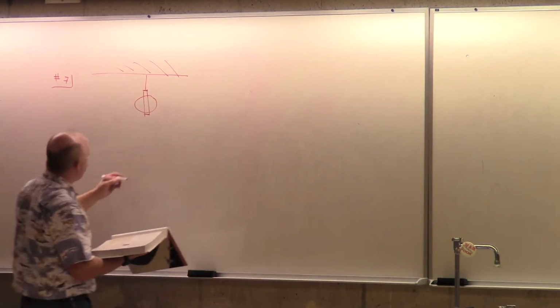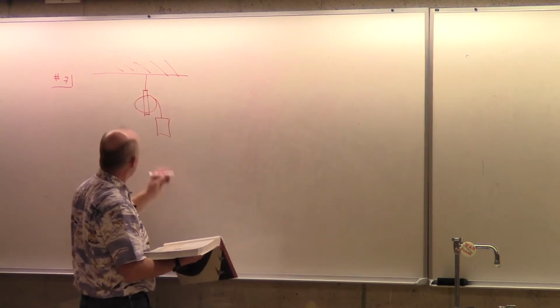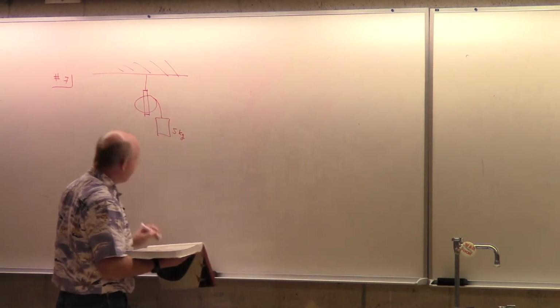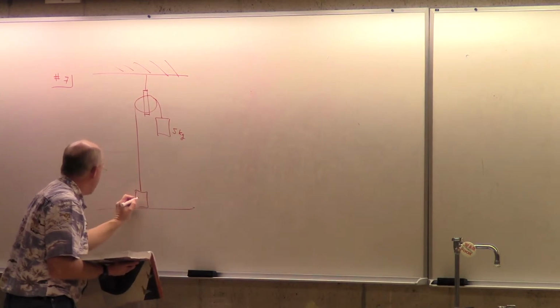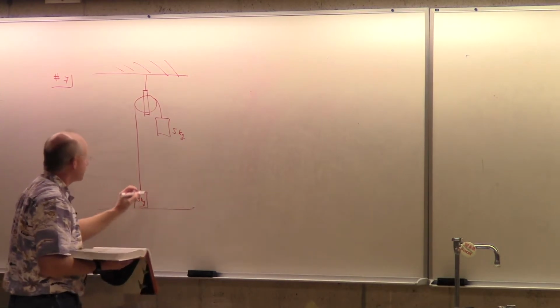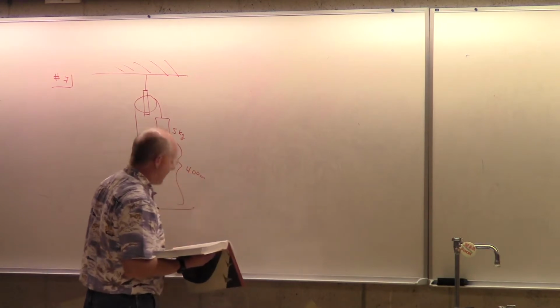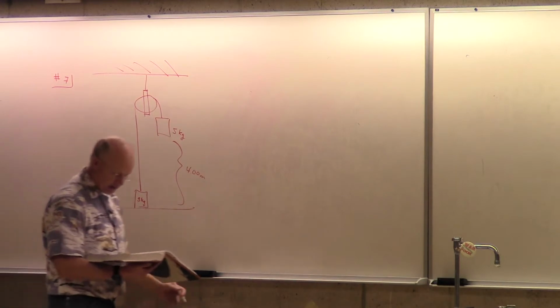And then we're going to hang a heavier weight, and I forget the numbers that we'll have in lab. We'll see it here in a little bit. But this one has the 5 kilograms up here, and then down here on the ground had the 3 kilograms, starting with the 5 kilograms 4 meters above the ground.